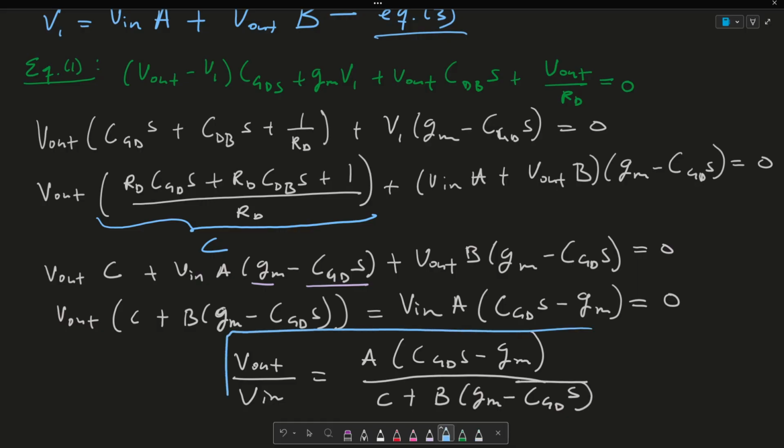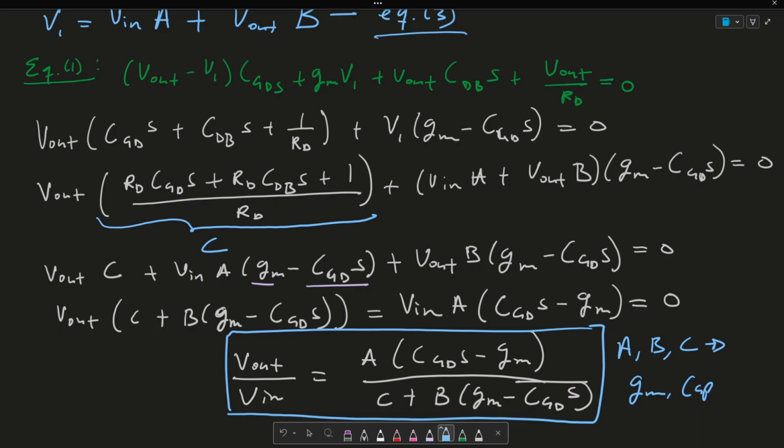And this here can technically be your answer because A, B, and C and all the other components are given parameters like your transconductance, your capacitors, and your resistors, right? But let's go ahead and dive in to substituting A, B, and C into the equation and simplifying it into a nice form.